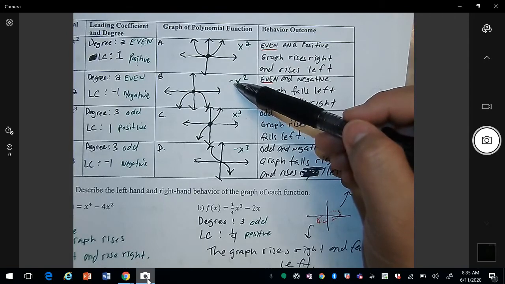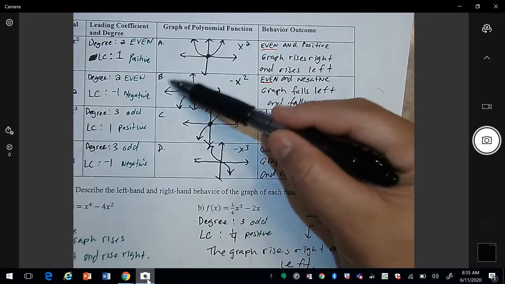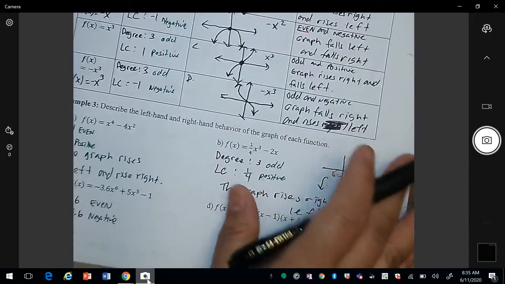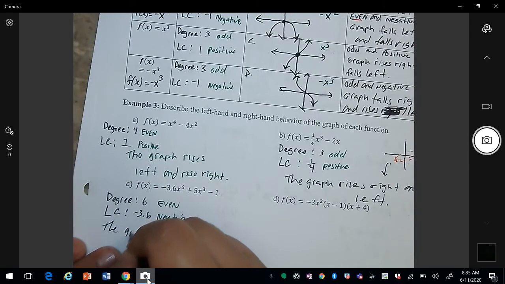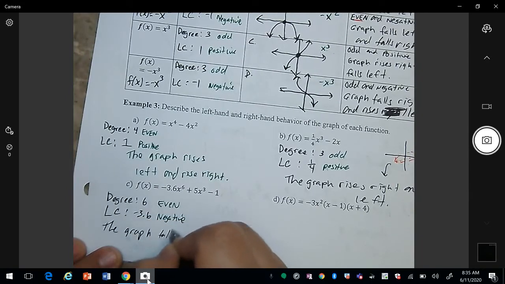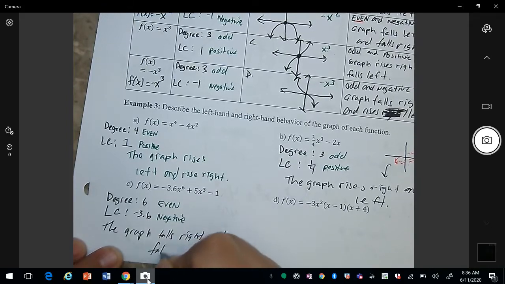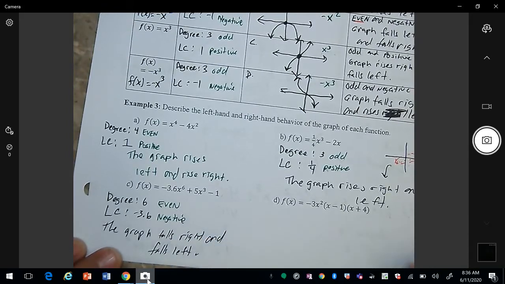And then the leading coefficient is negative, so that means that the behavior will act like this one here. Okay, so we can say that the graph falls right and falls left. Okay, letter D.